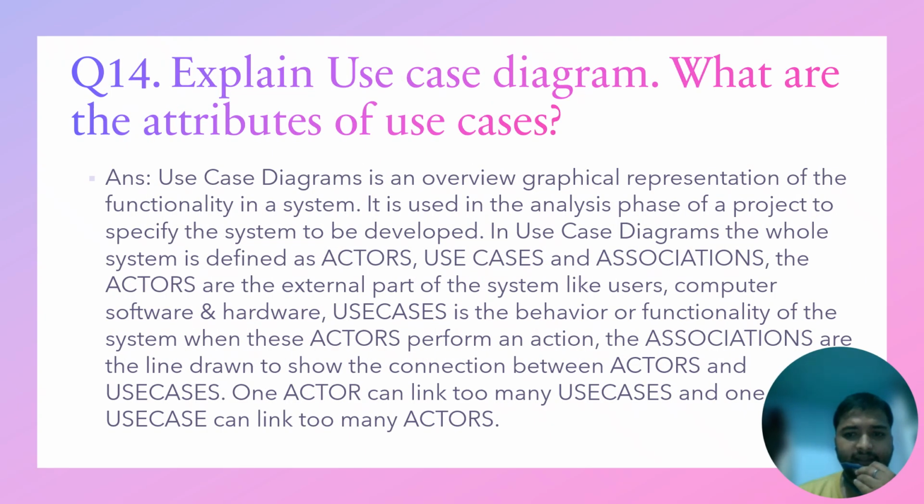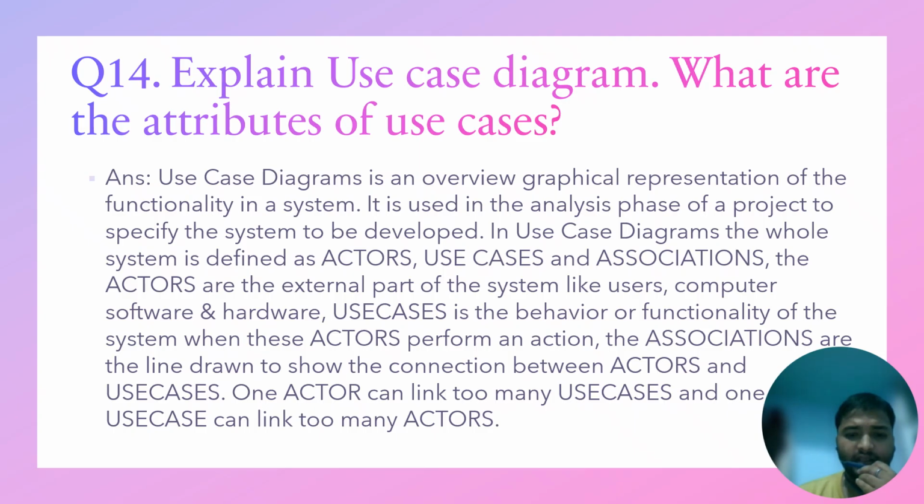Explain use case diagram. What are the attributes of use cases? A use case diagram is an overview graphical representation of the functionality in the system. It is used in the analysis phase of a project to specify the system to be developed. In a use case diagram, the whole system is designed as actors, use cases, and associations.